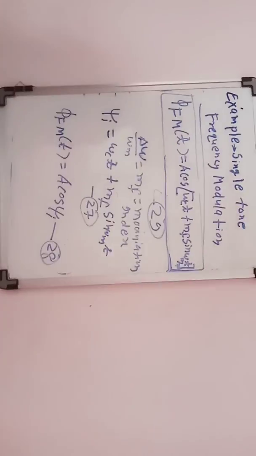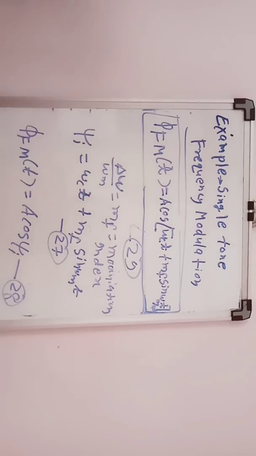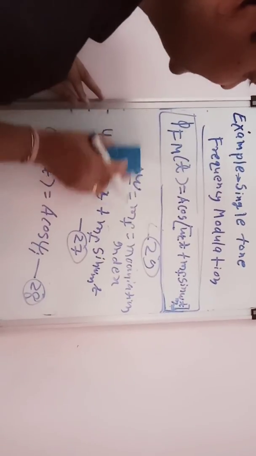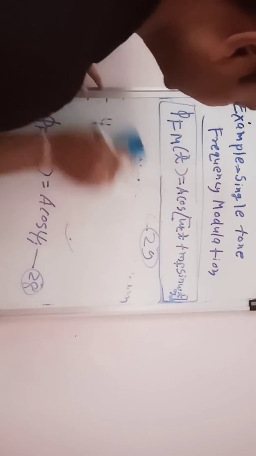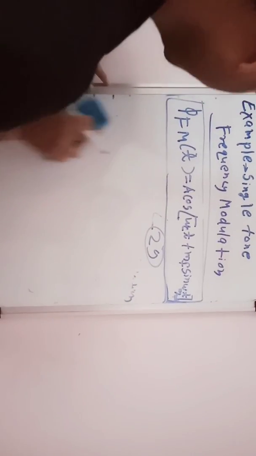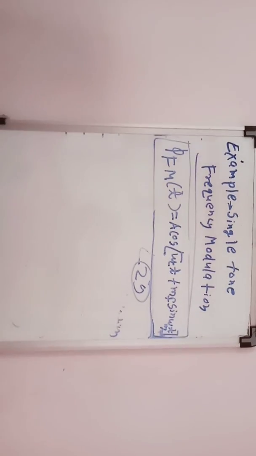Now this equation 29 is telling us something. Here we can see the value of phase deviation, which is denoted by delta theta. This is phase deviation, not frequency deviation, because frequency deviation we have already discussed.